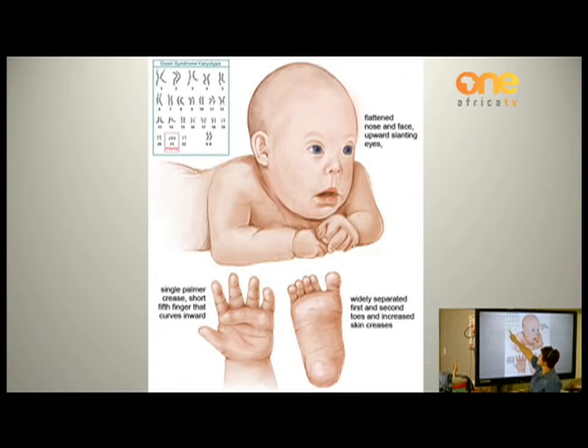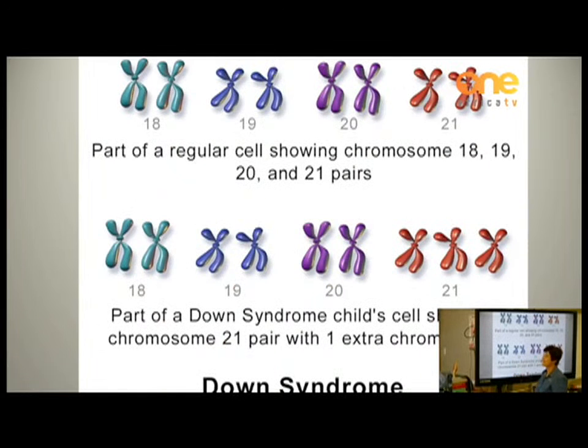It is pair number 21. If we look at the karyotype, you remember the karyotype is where all the chromosomes from the father and the mother are sorted from the largest to the smallest until we reach the 23rd pair. And now in Down syndrome, we see that pair 21 is not a pair, but we have 1, 2, 3.